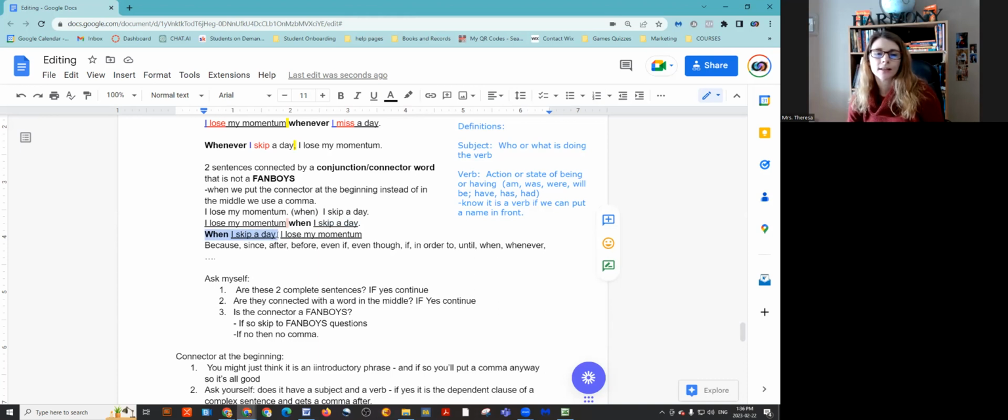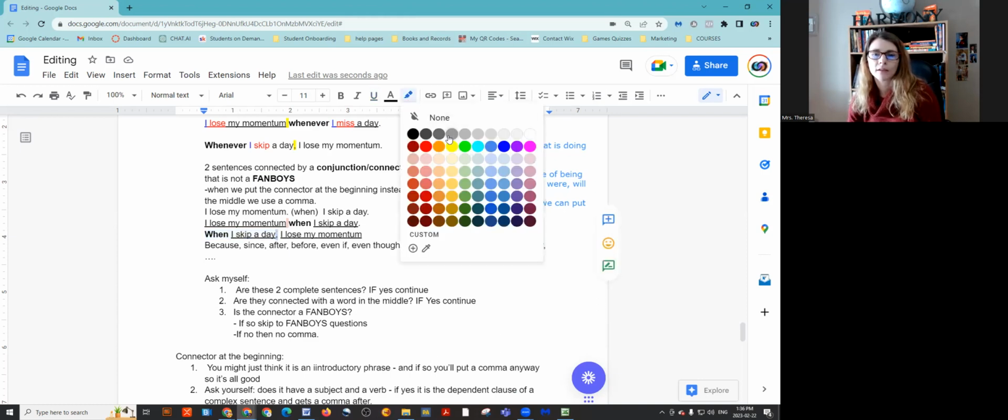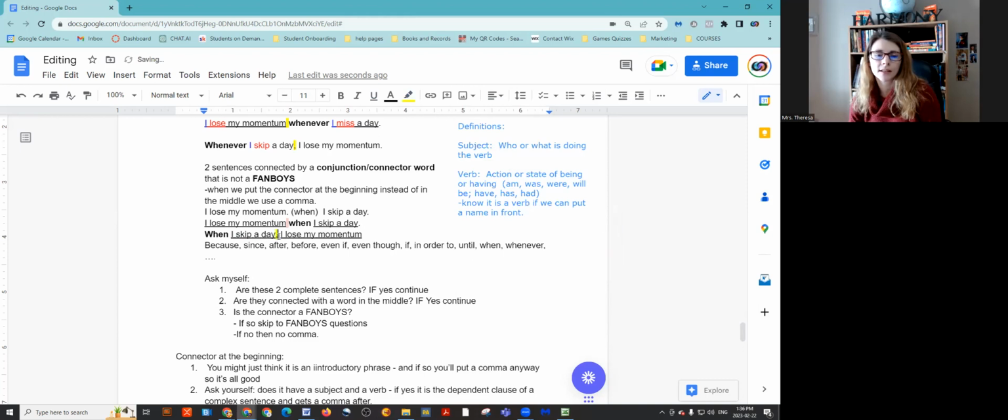And really what it is, it's a dependent clause or a subordinate clause, mostly called a dependent clause. But as long as you know to put a comma here, that's what really matters. So if you identify this as an introductory clause, that's fine. Or as a dependent clause, it gets a comma.